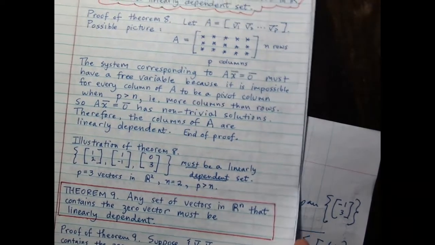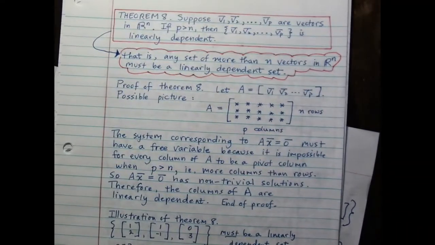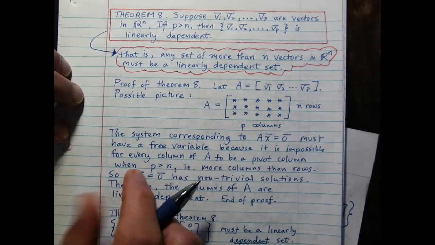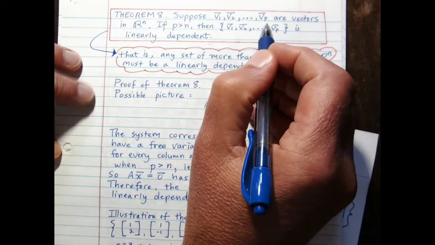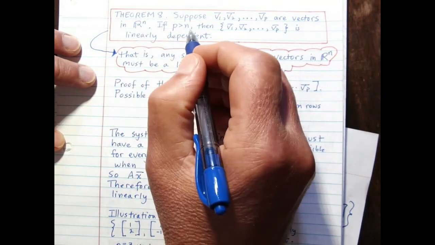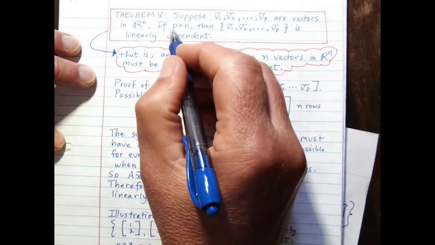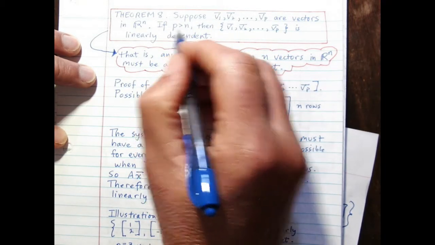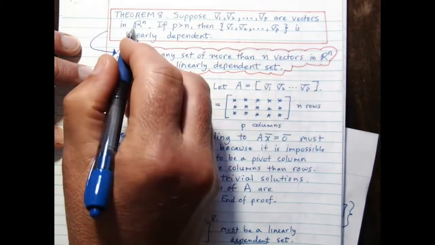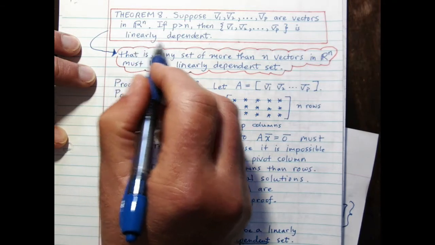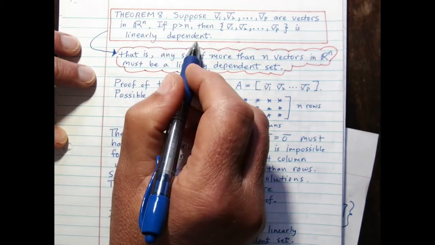So, some more theoretical considerations. Theorem 8 is very important. Suppose I have p vectors in Rn and p is greater than n. So that's the crucial statement right there. p greater than n means there are more vectors than the dimension of the space. Then that set of vectors must be linearly dependent.